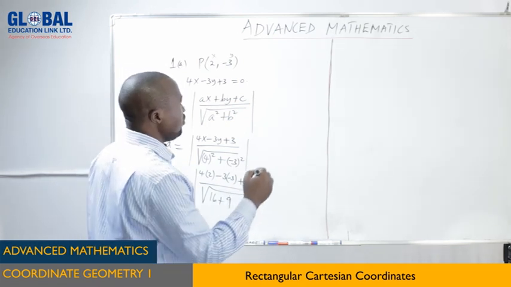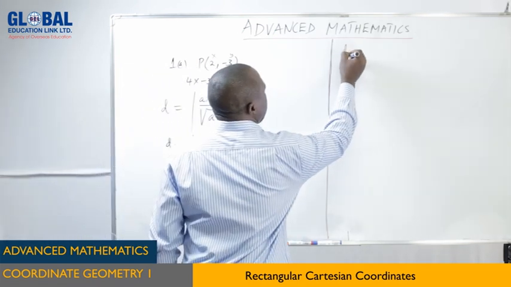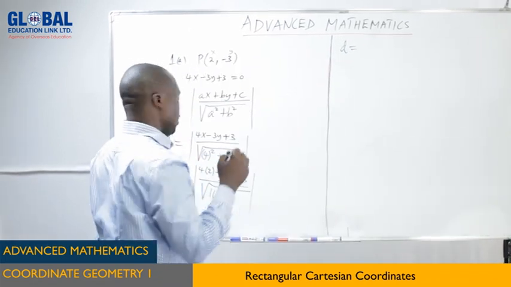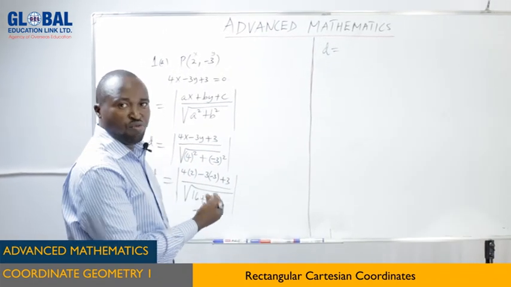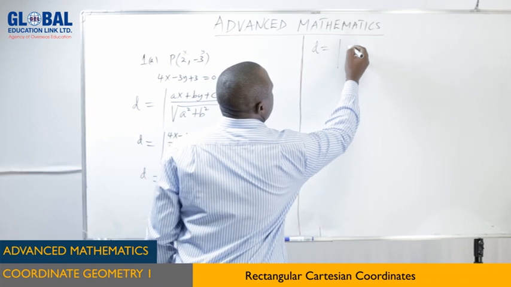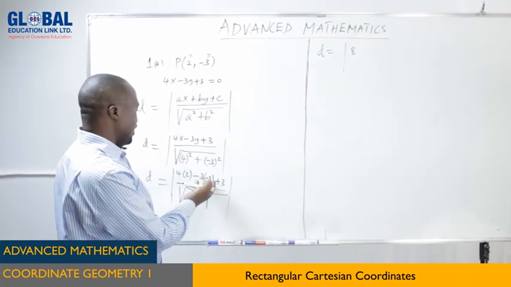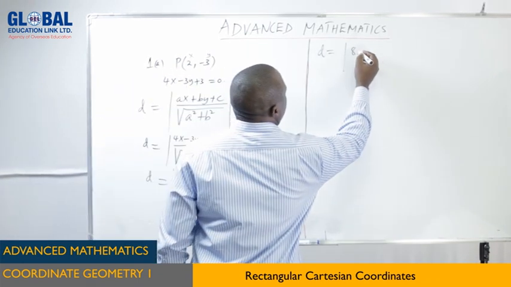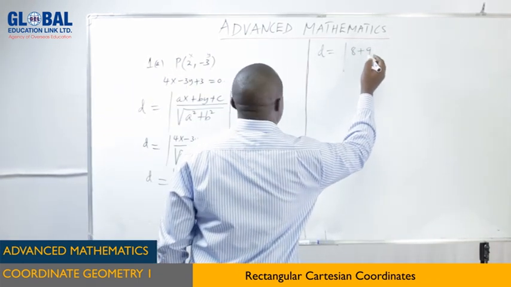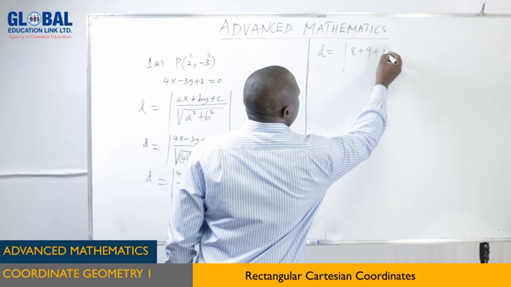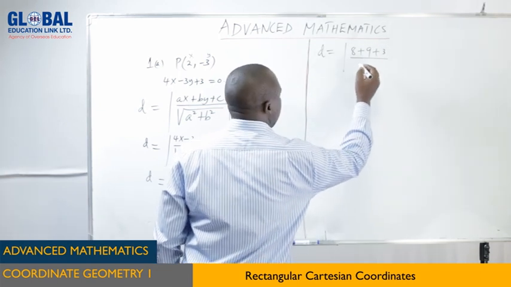So the perpendicular distance will be equal to, so here we have 4 times 2. That is 8. Then we have negative 3 times negative 3. That is positive 9. Then plus 3 over.